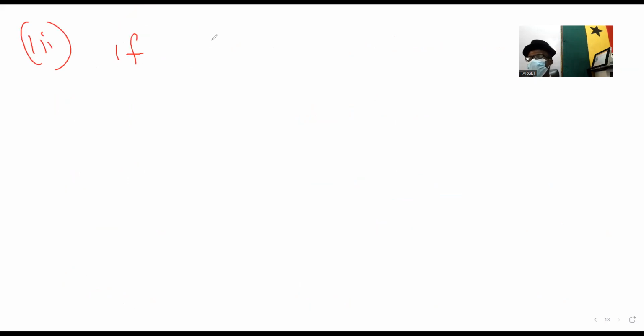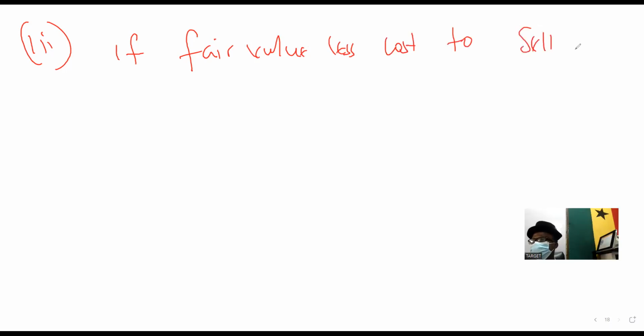So if at a subsequent date fair value less cost to sell is lower, more impairment must be recognized.